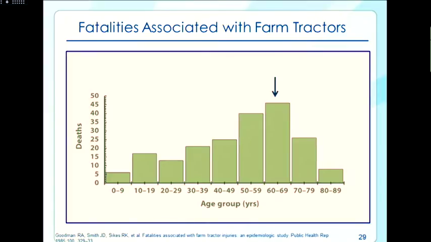It's clear that there's an increase in the number of deaths among older persons, which again is part of the descriptive analysis. So let me ask you, by reviewing these data, which age group is at greatest risk for death from tractor-related incidents among this population? In fact, you cannot tell that from this graph because this only has raw data, not rates.